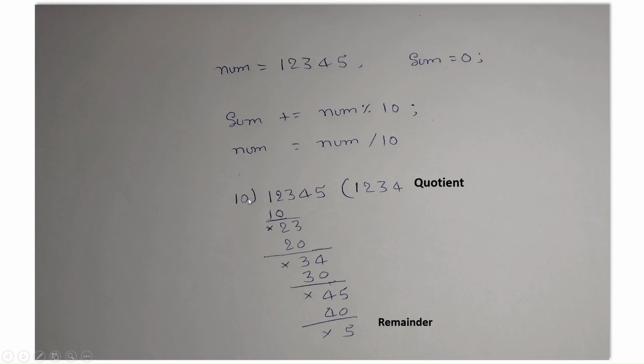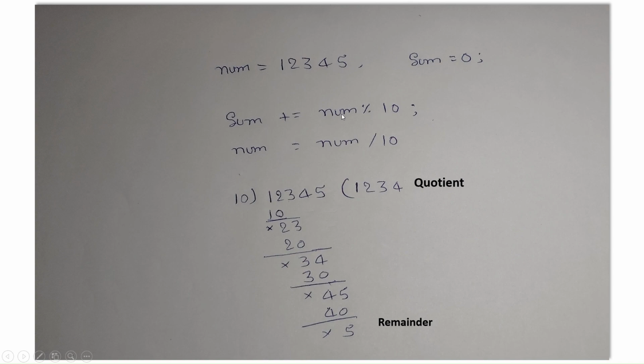Just like here, 12345 divided by 10. The remainder is 5, and the values left over, 1, 2, 3, 4, are called the quotient. Until the end, you get the 5. This 5 is called the remainder, and this is the quotient.